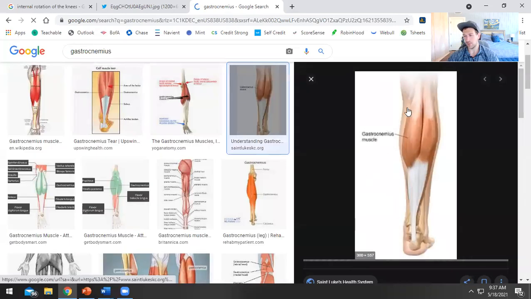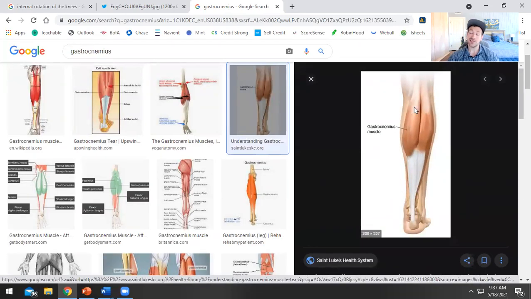It's these muscles right back here that are overactive. I will say, putting a little bit of a distinction here, particularly it tends to be the lateral side of your gastrocnemius that is really the big problem causer. It certainly could be both of them if the knees are caving in, but in particular, this lateral gastrocnemius tends to be the big bad guy here.